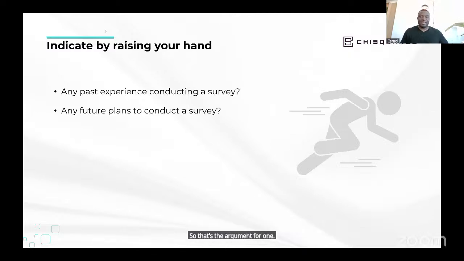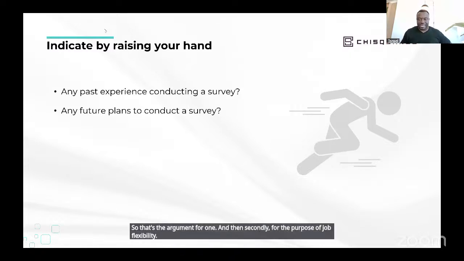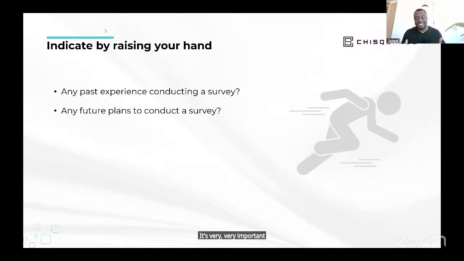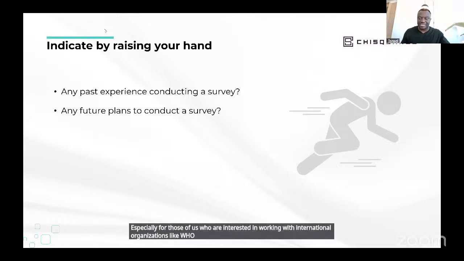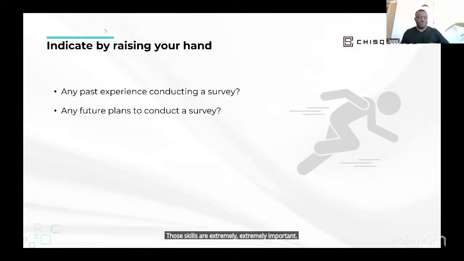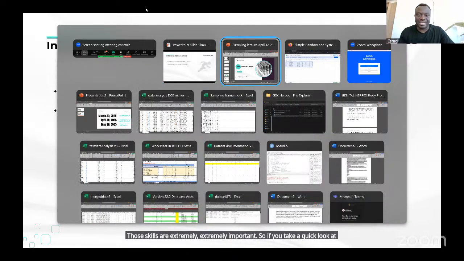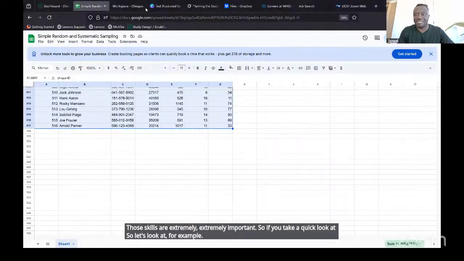Secondly, for the purpose of job flexibility, the design of surveys is a very, very important skill set to have. Especially for those of us interested in working with international organizations like WHO or UNICEF or CDC, those skills are extremely important. Let's look, for example, at job postings by WHO.